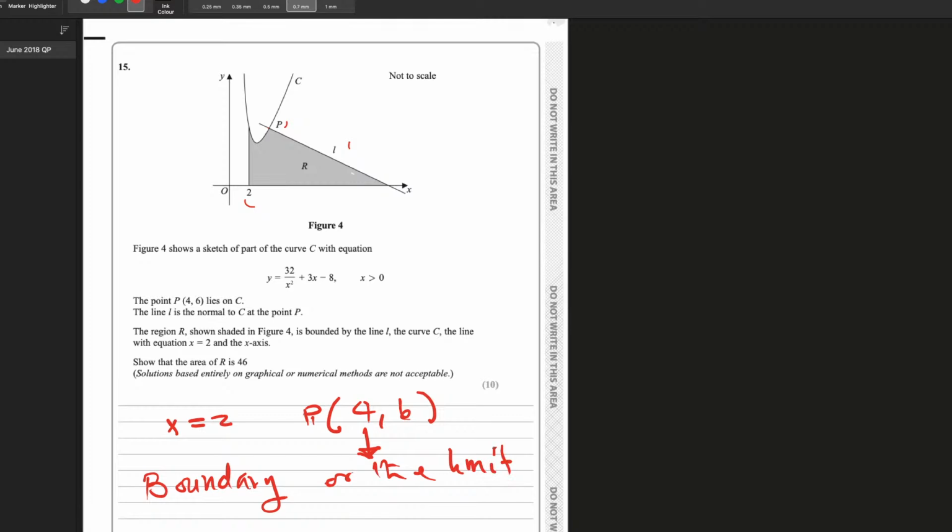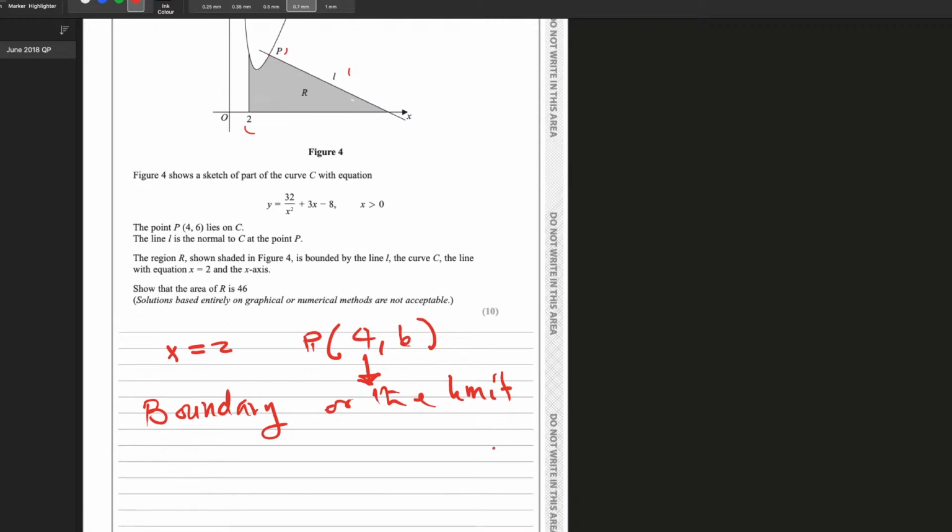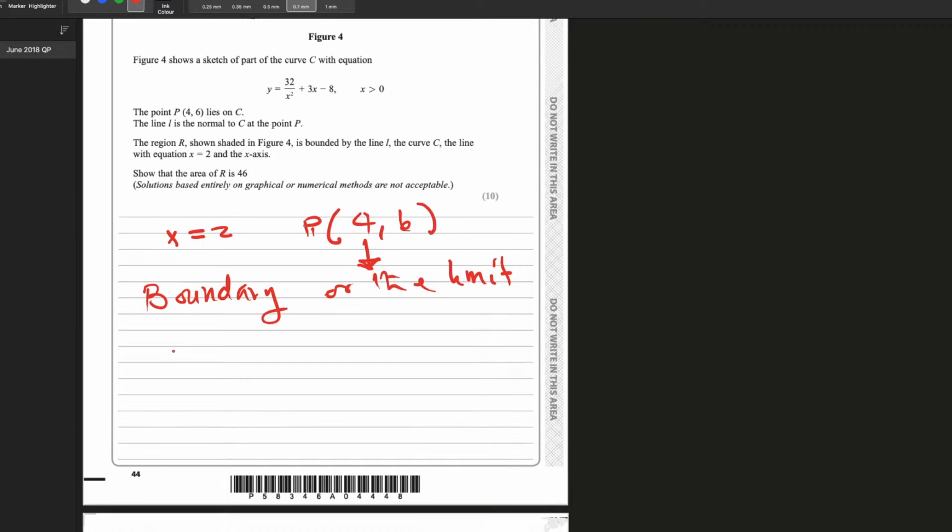So if that is the case, then we can say that the integral with the boundaries x equals 2 and x equals 4 bounds the curve.